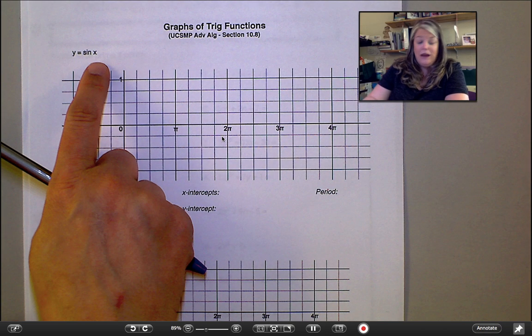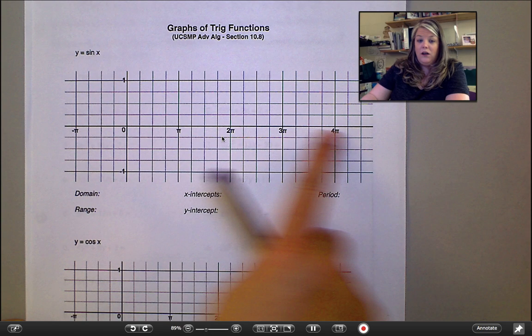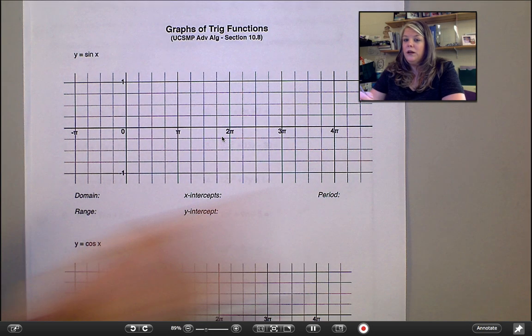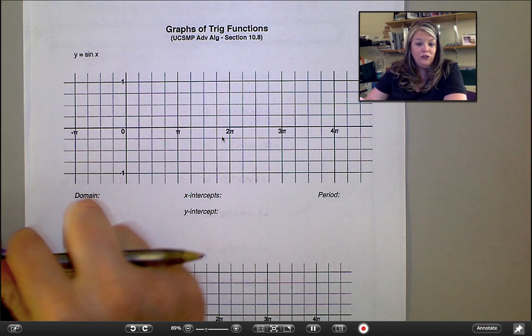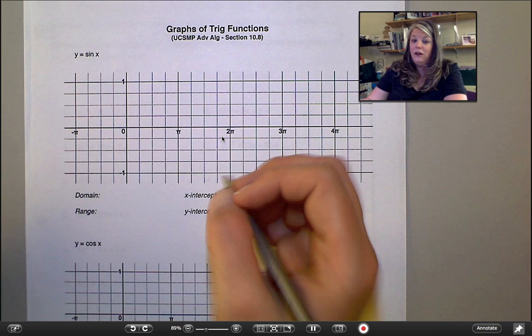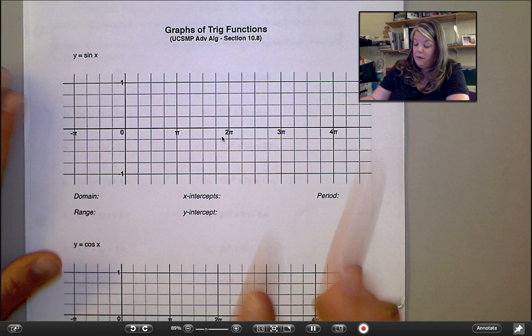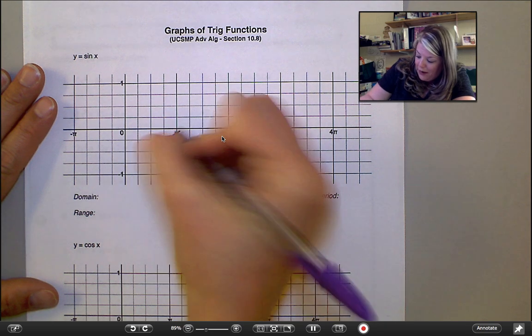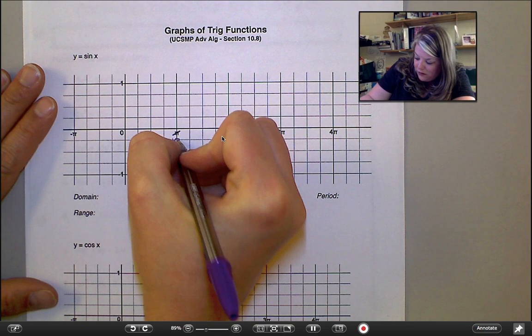So x is like our angle measure, and you can see that our x-axis I have labeled in radians here. However, I didn't realize when I drew this up that in Algebra 1, we focus much more on degrees in terms of the graphs. In Algebra 2, you're going to see it in radians all the time. But would you just take a second and change these? So for example, pi is actually 180 degrees.